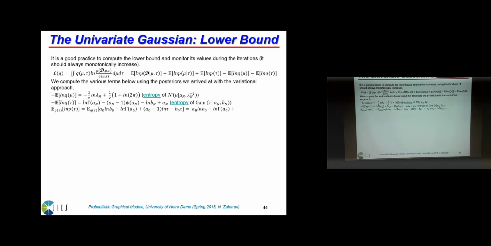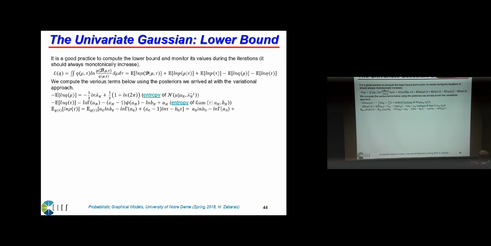All right, so let's see more complicated terms. We need now the expectation of the log of pi of tau with respect to q of tau. So I keep the expectation outside. I'm expanding the log of a gamma distribution. So there is nothing here. These are from the normalization terms, okay?